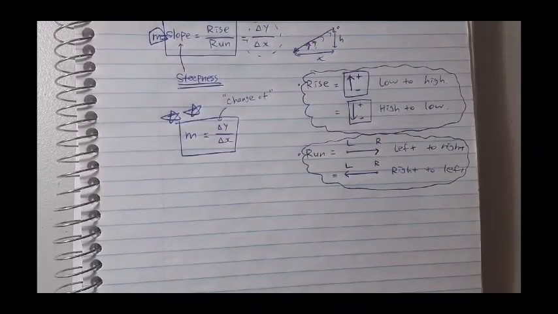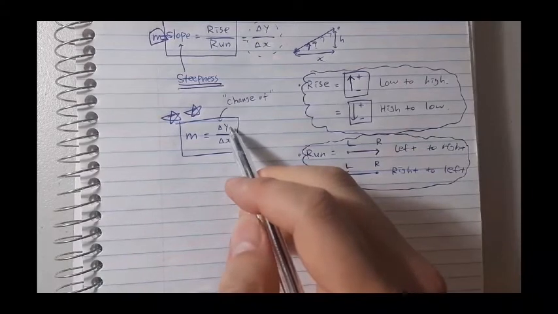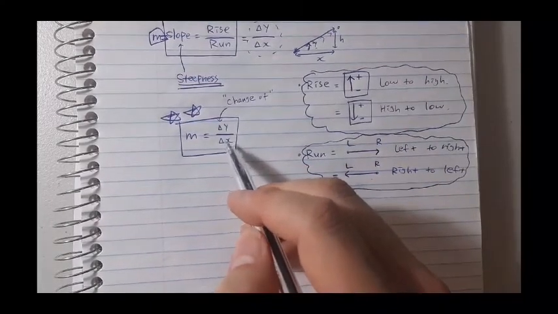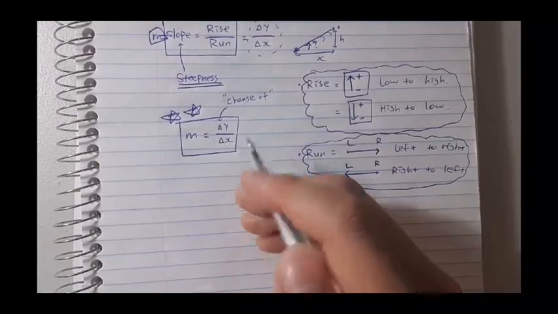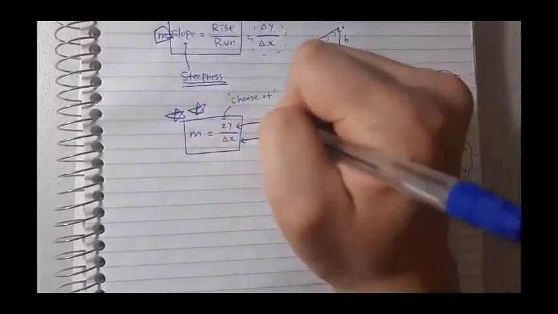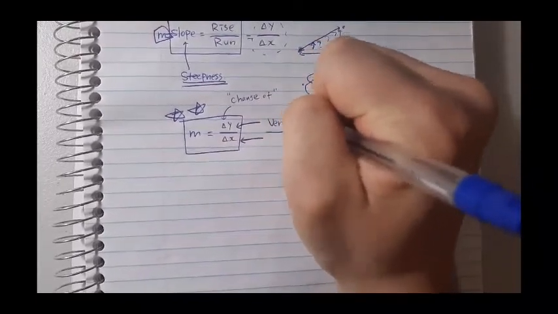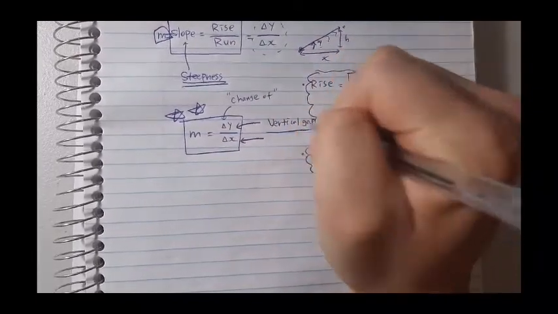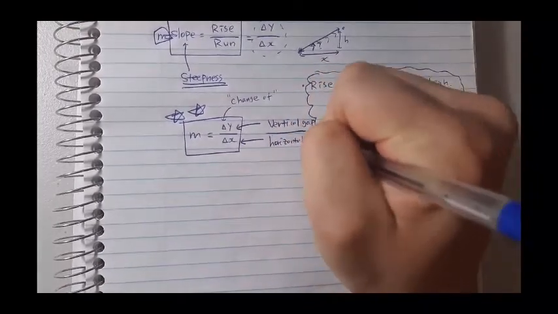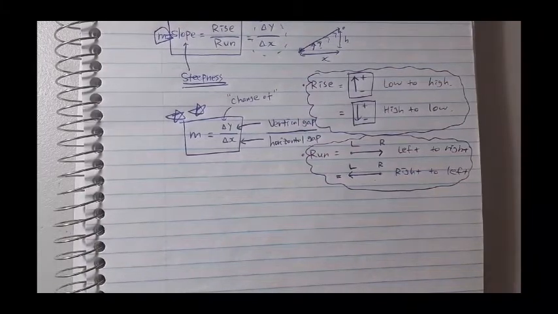So the numerator is change of y, the denominator is change of x. The numerator and denominator don't talk about direction, they rather talk about a gap. The numerator is the vertical gap, and you can think of the denominator as the horizontal gap. And that is equivalent to m, which is your slope value.